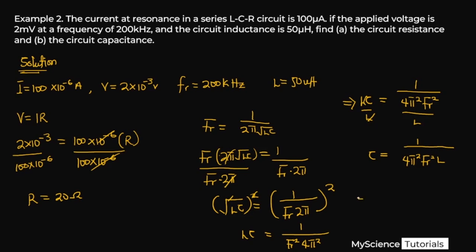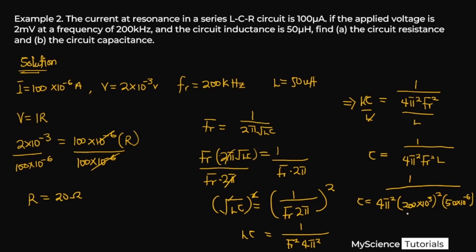So we can go ahead and find our capacitance, and this will be equal to 1 over 4 pi squared. Our resonant frequency we were given is 200 times 10 raised to the power 3, squared. Don't forget that. And then our inductance is 50 times 10 raised to the power minus 6.